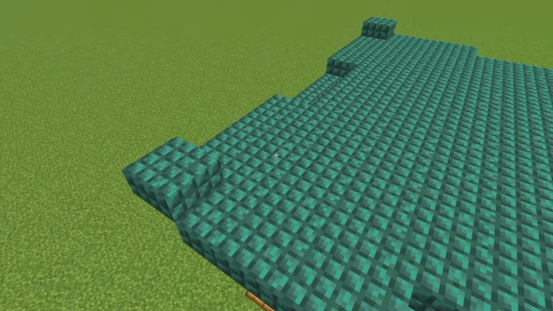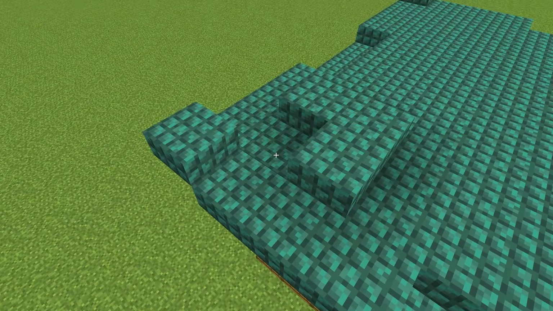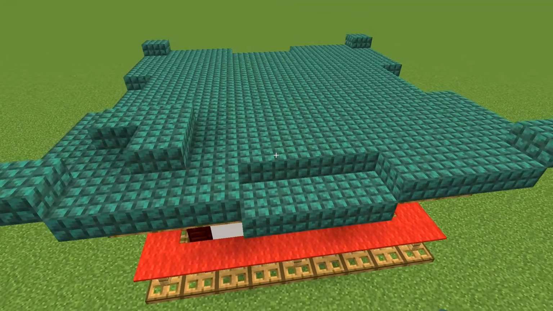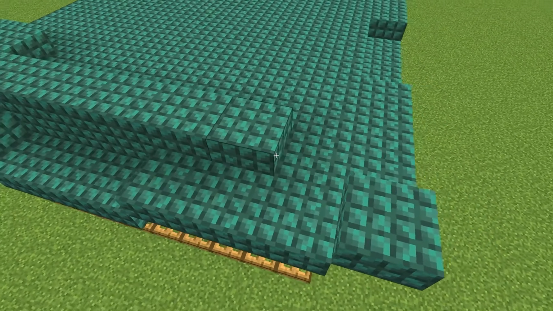Now I'm going to place the next row of slabs. And in the corner here you see that I am making this L. And then I continue this line from the tip of this L and over to the other side.